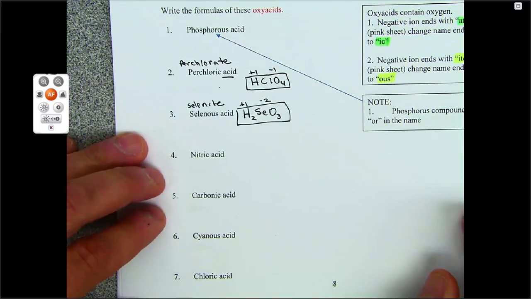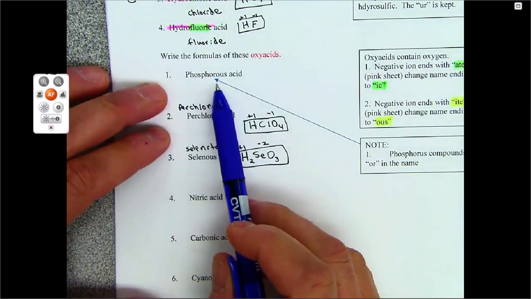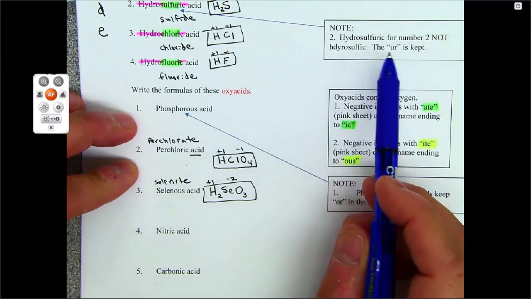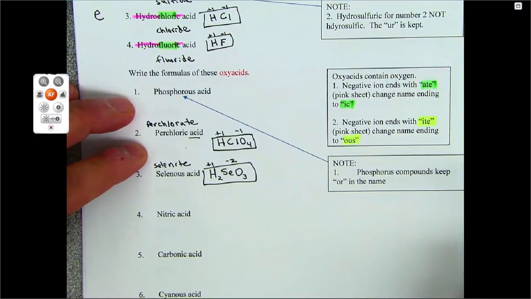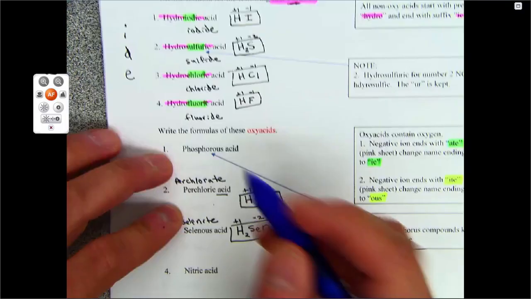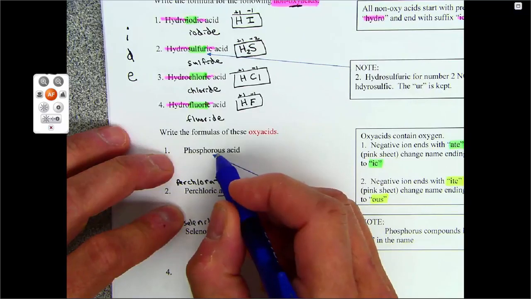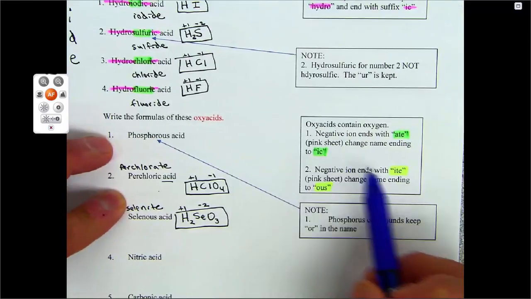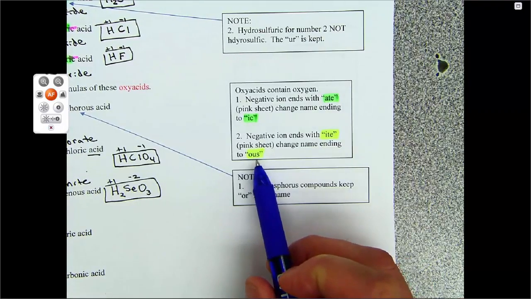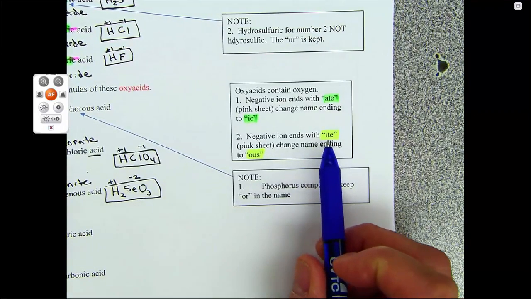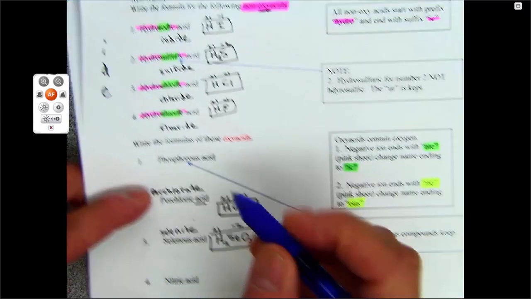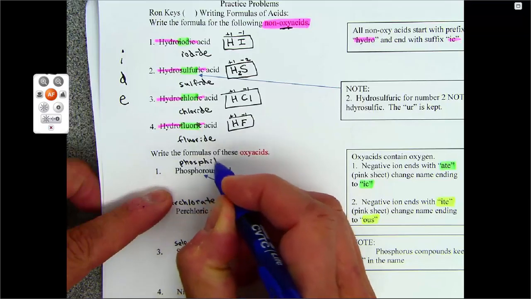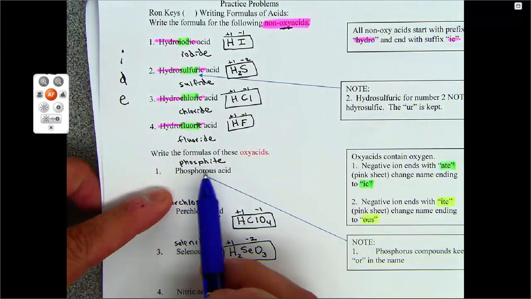Okay. Now, phosphorous acid. That's kind of like up here. We keep the OR here. So again, we're going to be looking for ITE here, but it's not phosphorite. OUS in the name, we're going to be looking for ITE on our pink sheet charge. This is phosphite, not phosphorite.